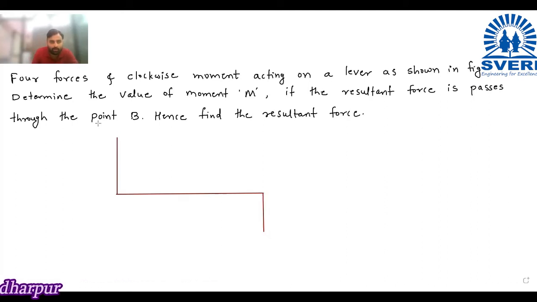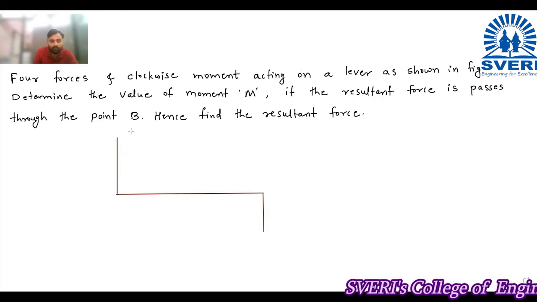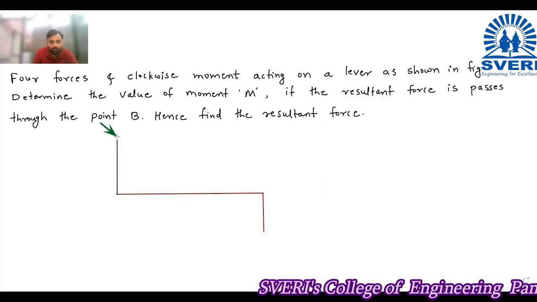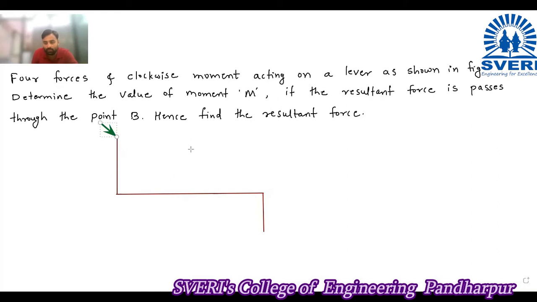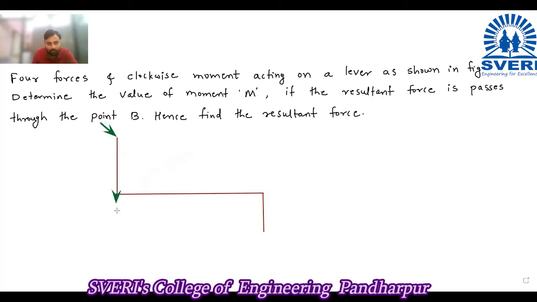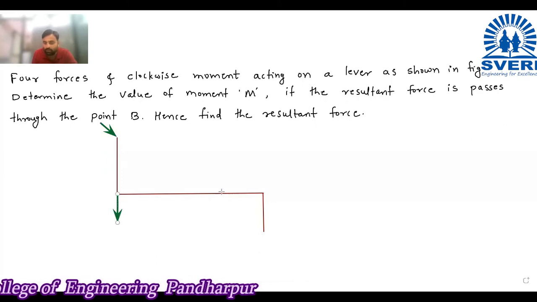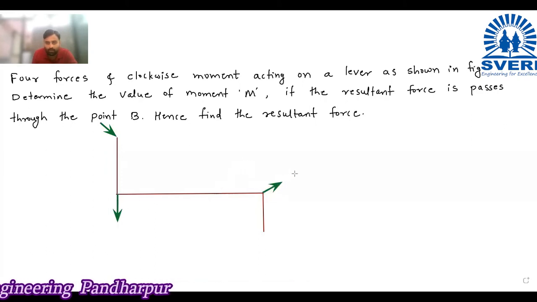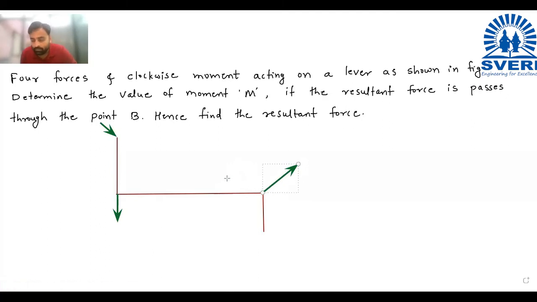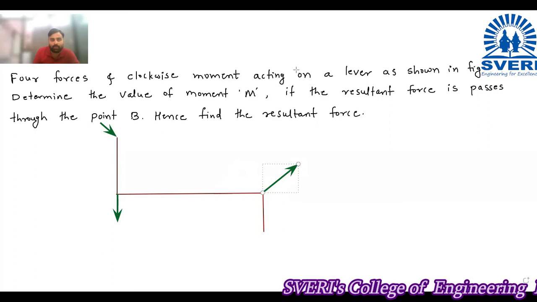From the top it is 100 Newton. Then here one more force is acting, 50 Newton. Then here 80 Newton. Is there any other force? No. These many forces are there.